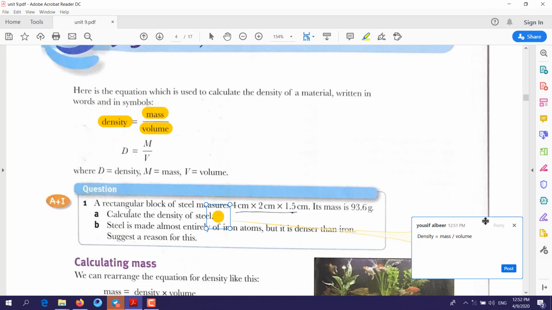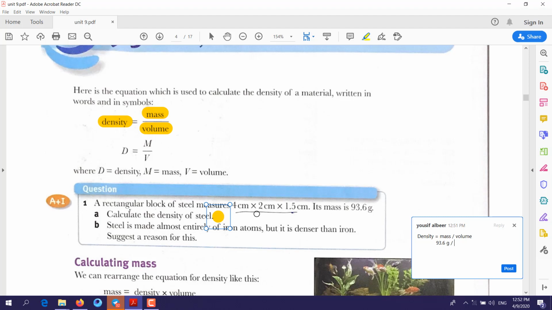As it's given, 93.6 grams over volume. How much is the volume? As you can see, these three numbers: 4 centimeter represents the length, times 2, width, times 1.5, the height.